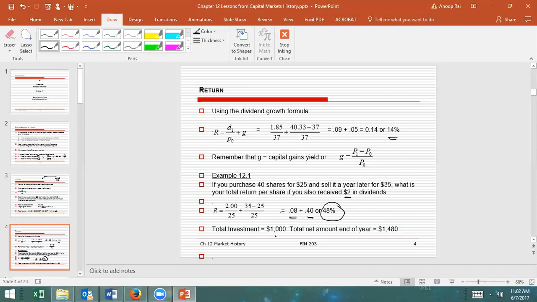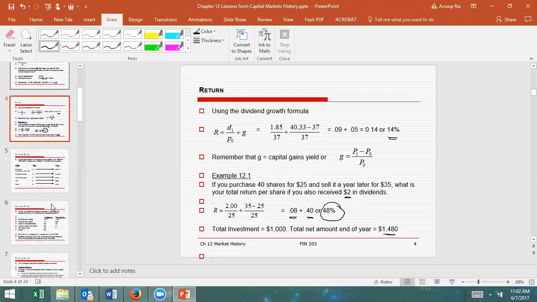So if you had invested $1,000, because 40 shares at 25 would be $1,000, you should be getting $1,480 back at the end of the year, because you'll be selling 40 shares at 35, and then you'll receive $2 in dividends.